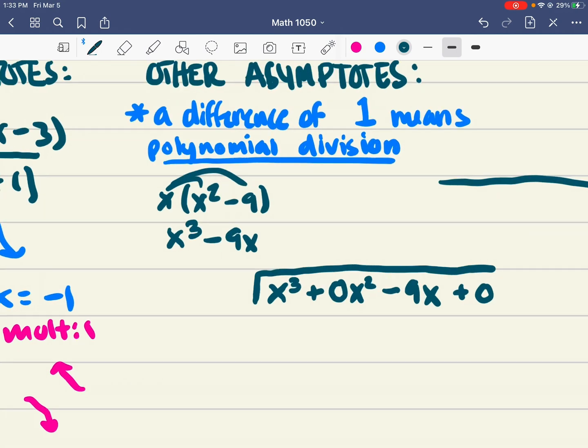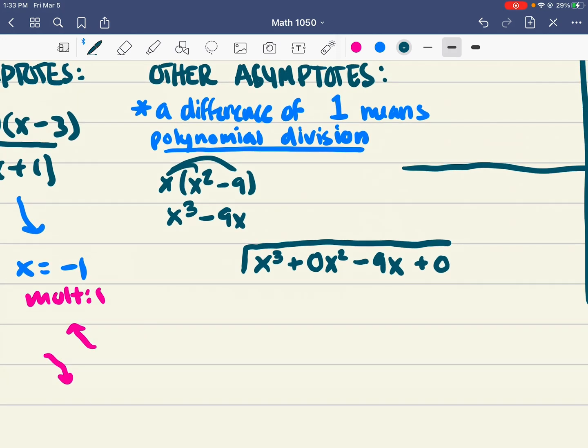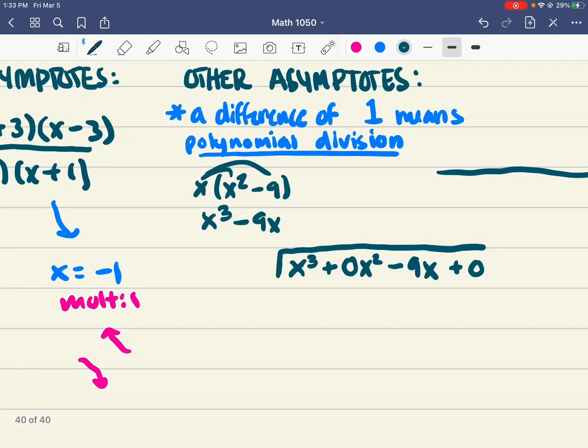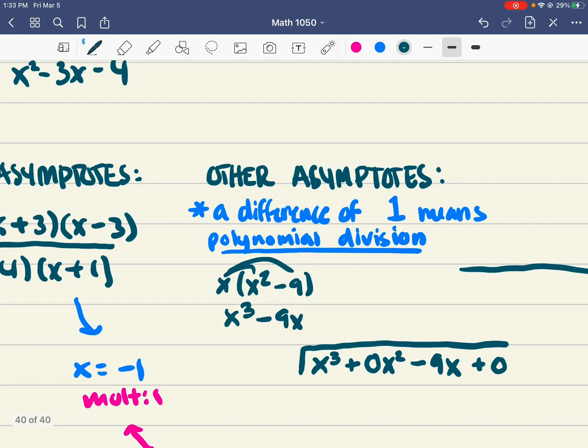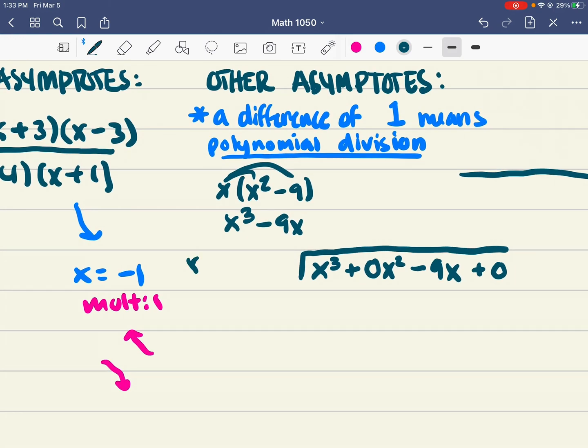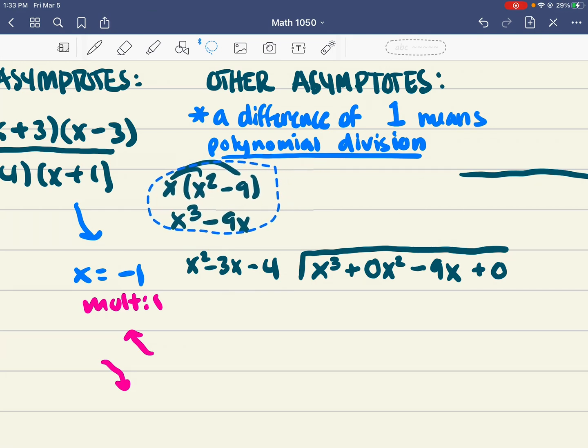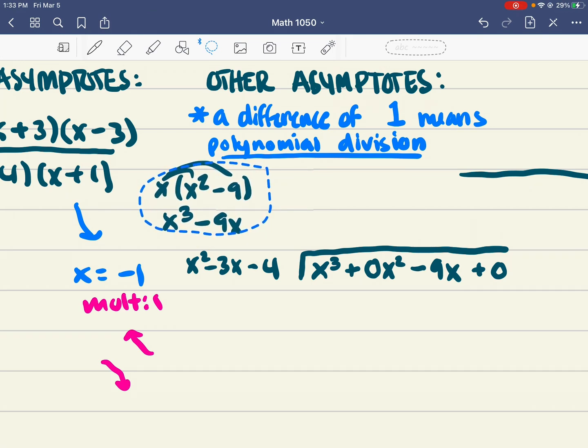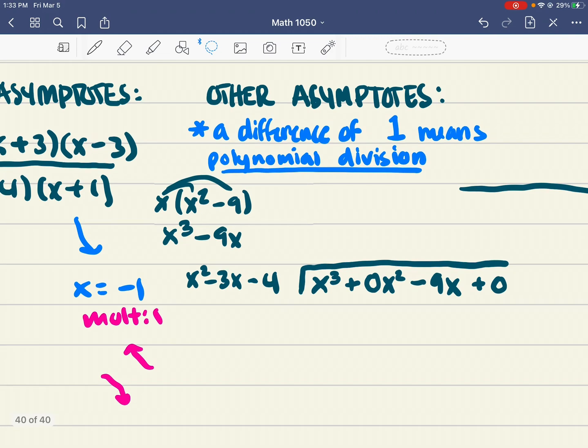We don't actually need to write them, but for polynomial division we need those. Then we'll have the denominator, which is x squared minus 3x minus 4 on the outside here. So I'm just actually dividing these two polynomials.